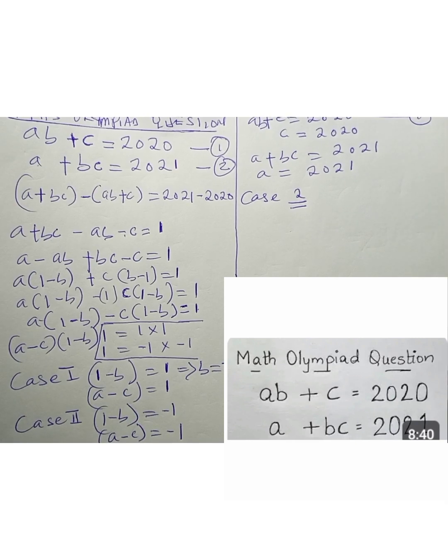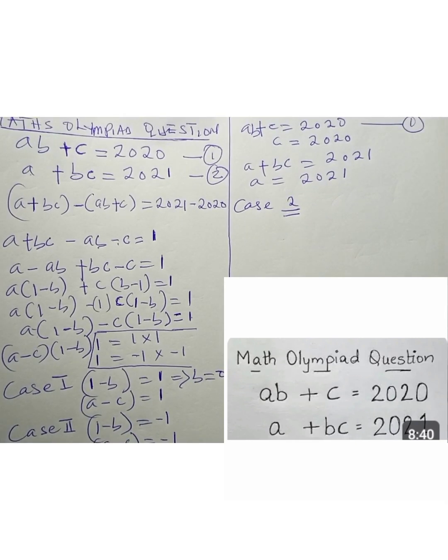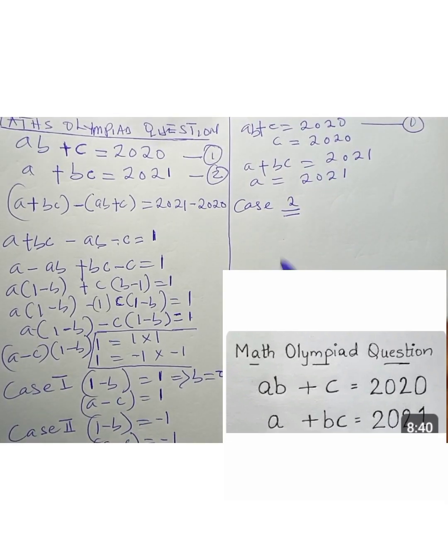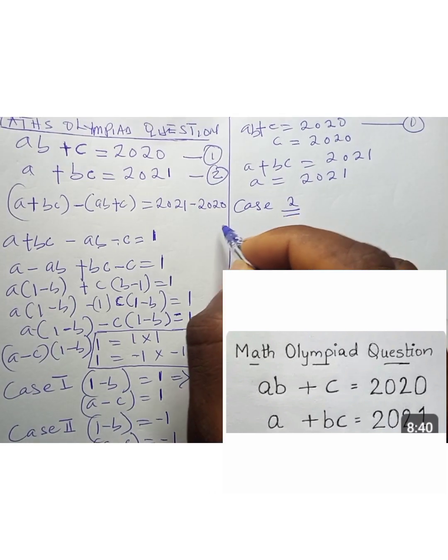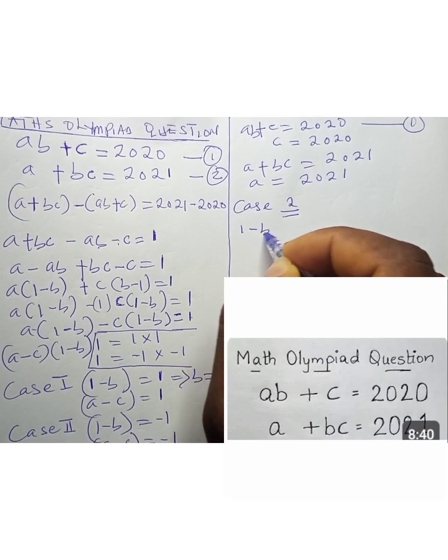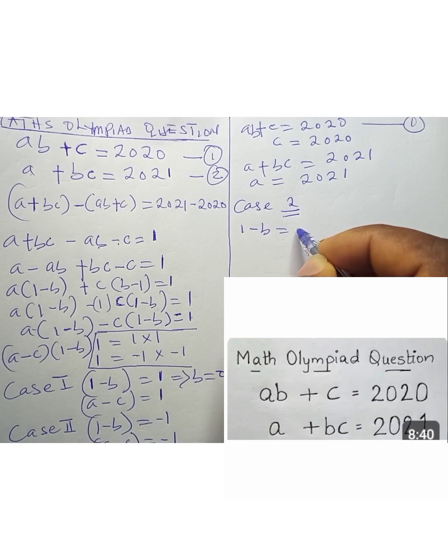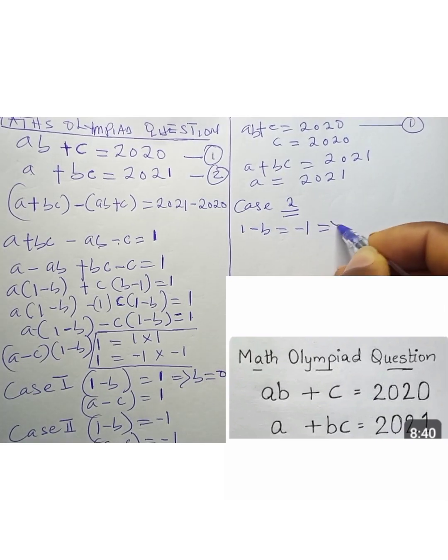For case 2, 1 minus B equals minus 1. This implies that B is equal to 2.